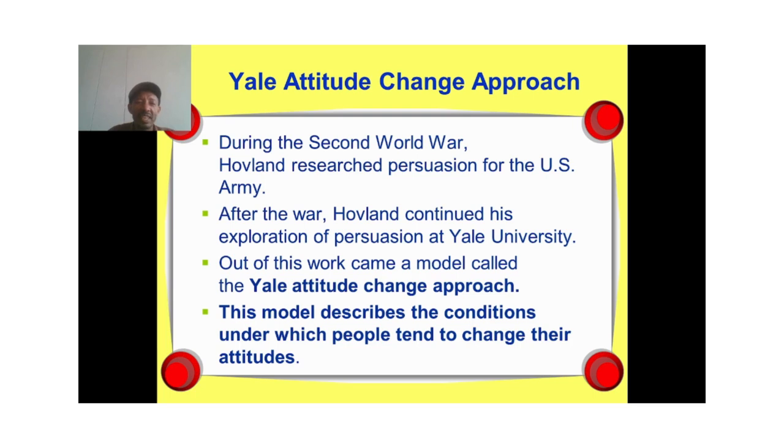Out of his extensive research, he developed the Yale attitude change model. So the model describes conditions under which people tend to change their attitude, their cognitions, emotions, and behavior.